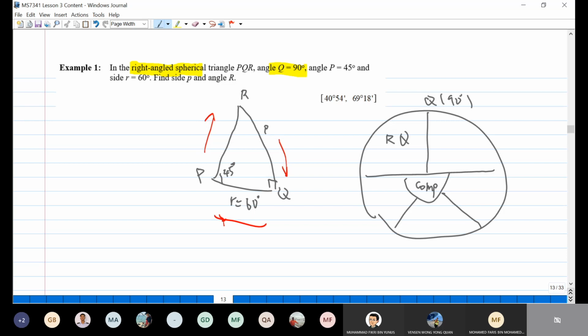Then go into Q first, then PQ. PQ is this, the P here. PQ is R, which is 60 degrees.